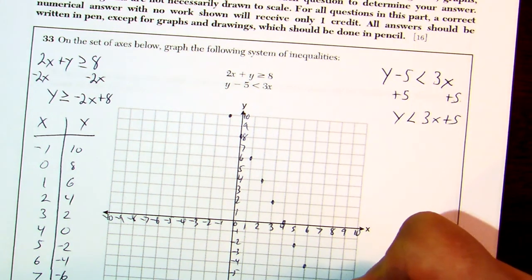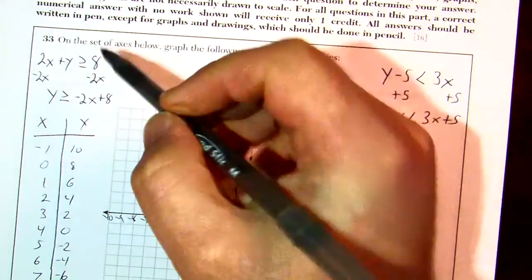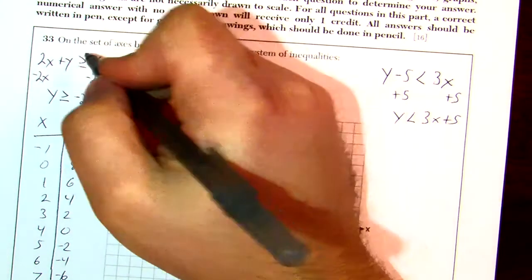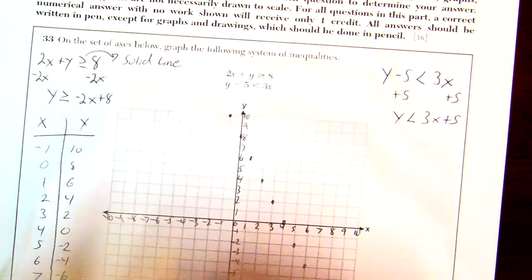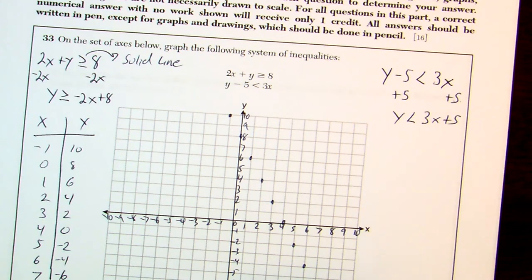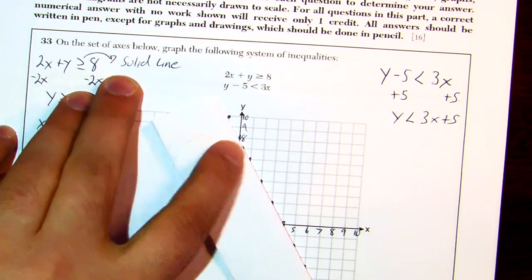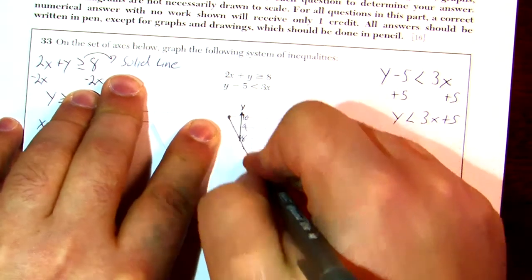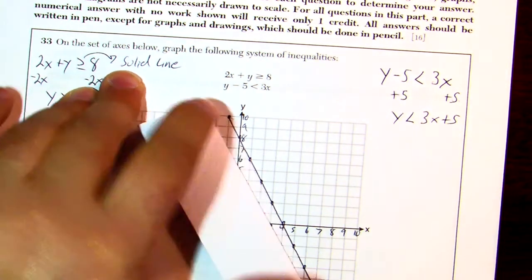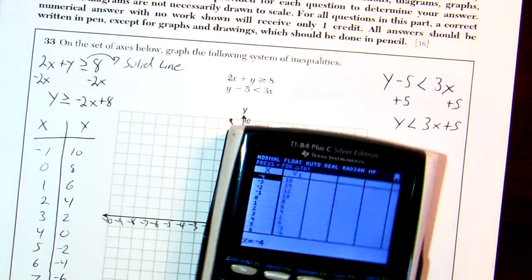You can see where the line is going to be. And I want to remind myself, since I have a line underneath this one, that's going to be a solid line. The one that does not have the line underneath is going to be a dotted line, but this one's solid, so that's what I'm going to graph. And then I'm going to go to my calculator and hit the graph button and find out which way I'm going to shade.